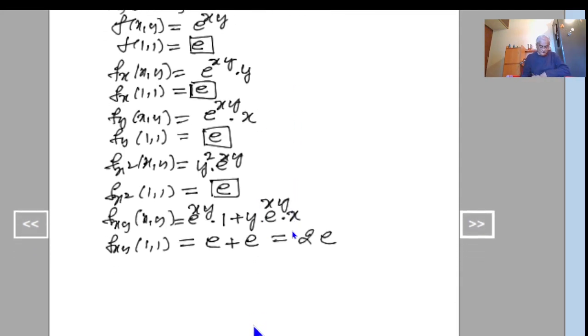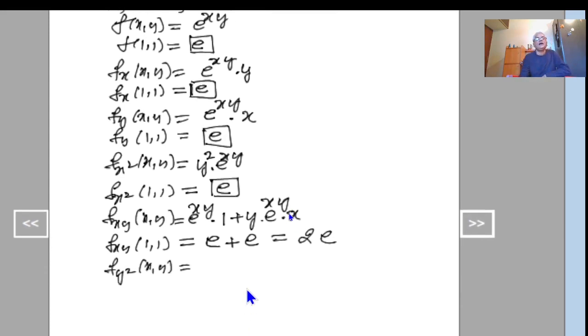Next, finally we go for fy square. To find fy square, I have to differentiate fy with respect to y. Fy is here. I have to differentiate this with respect to y. With respect to y, x is a constant quantity. And e raised to xy derivative is e raised to xy into xy derivative with respect to y is x.